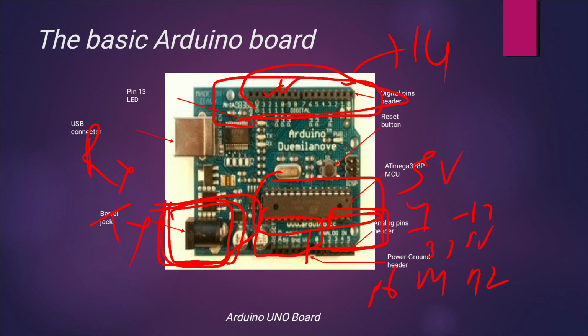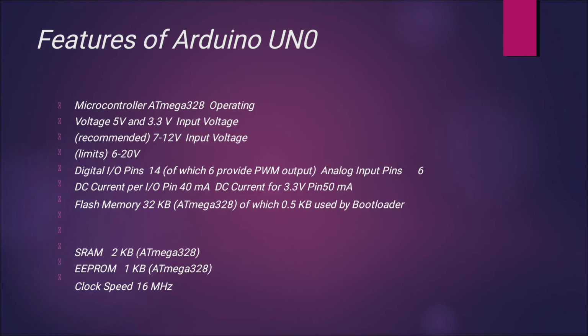Analog inputs. It has 6 analog input pins, each providing a resolution of 10 bits. These are the features of Arduino Uno microcontroller ATmega328, operating voltage 5 volt to 3.3 volt, input voltage, which is already discussed in last slide.